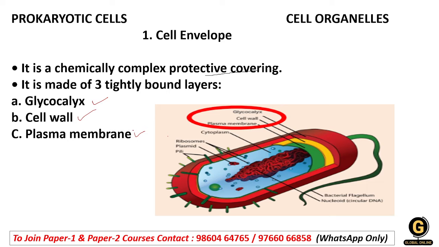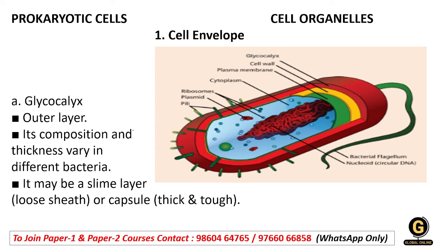Yes, students. So let's see what is glycocalyx. Glycocalyx is the outermost layer. What is it made up of? Glycocalyx is made up of mucopolysaccharide. Next, what is the feature of glycocalyx?